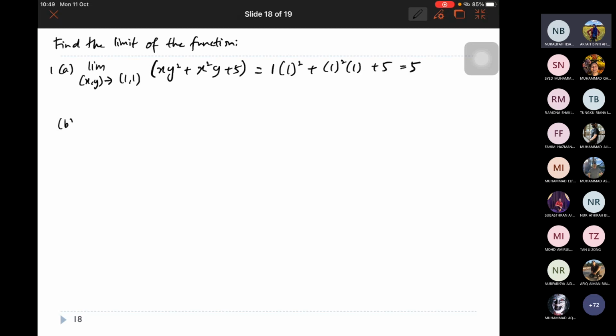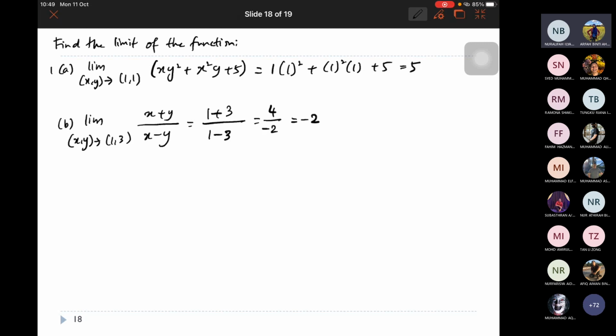So soalan B, the limit of (x,y) approaches (1,3) of (x plus y) over (x minus y). So dia akan jadi 1 tambah 3 over 1 tolak 3, 4 bahagi negatif 2. Akan dapat sama dengan negatif 2. Yang A tu memang jawapan dia 5. Salah. 7. Selamat kau cakap.